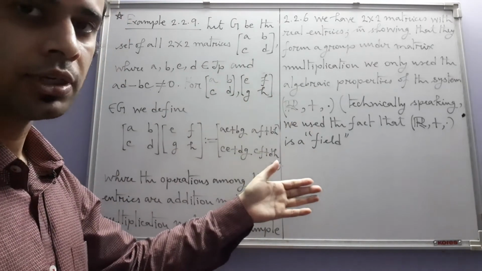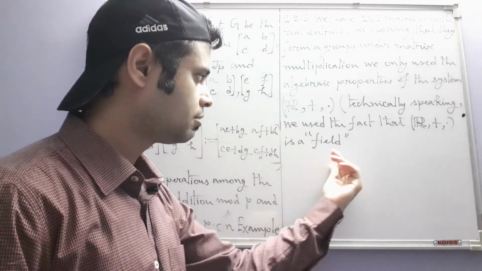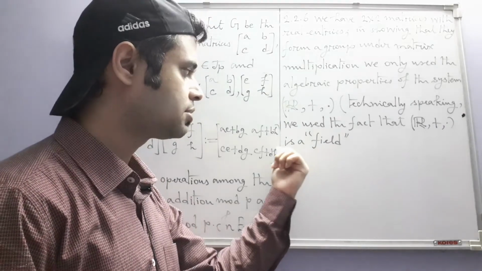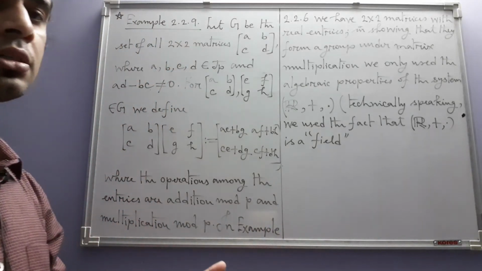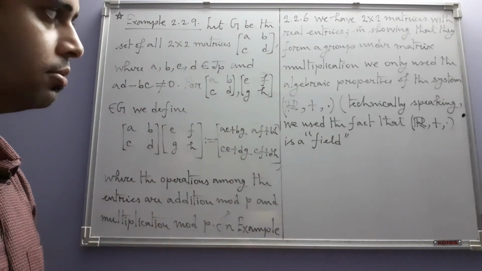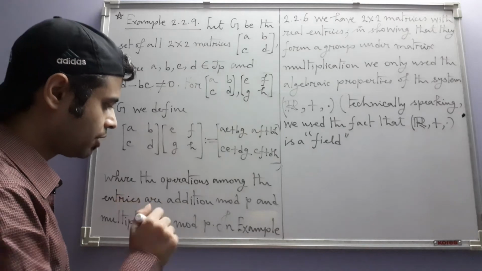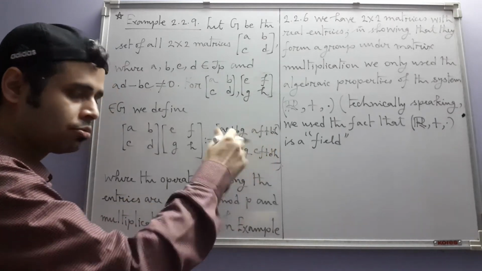Taking all of them together, we have the field properties. That's why if you say that the system is a field, then at once you are saying that all those properties are true.